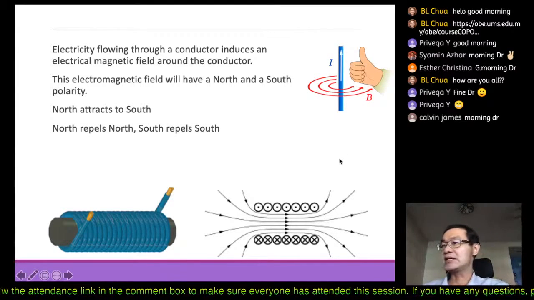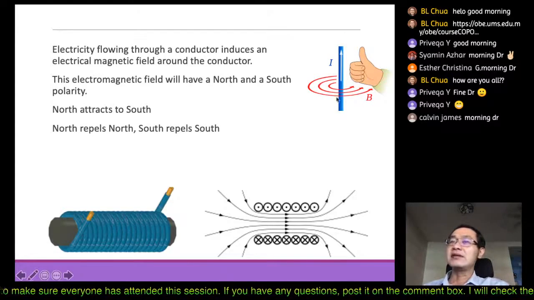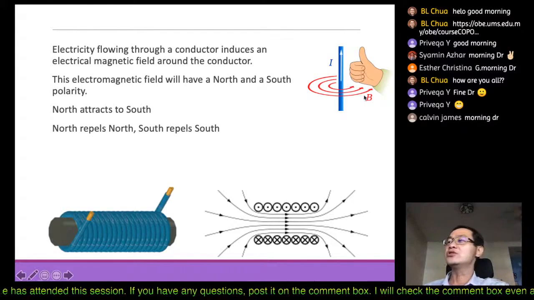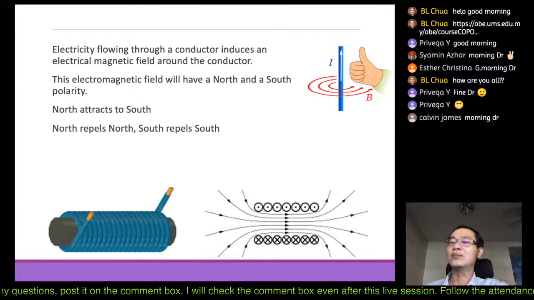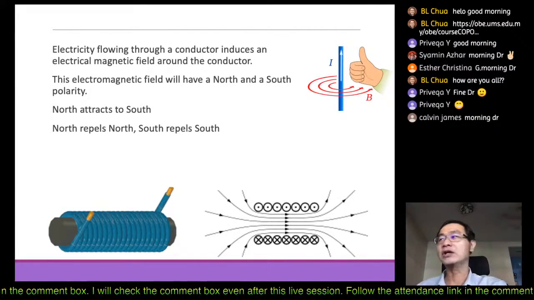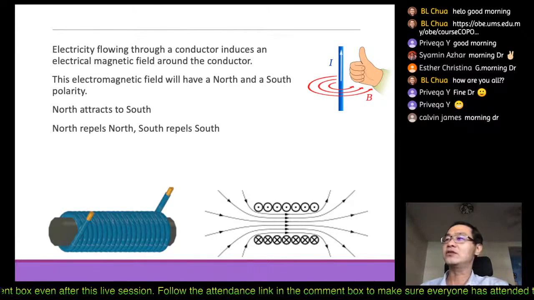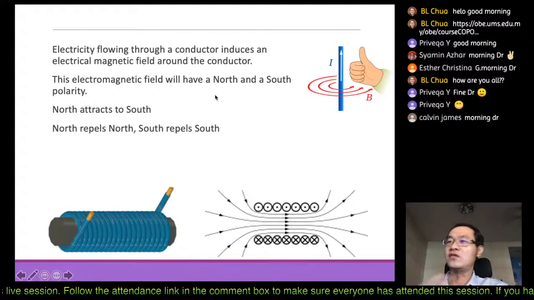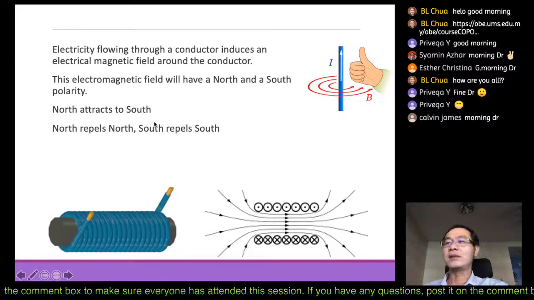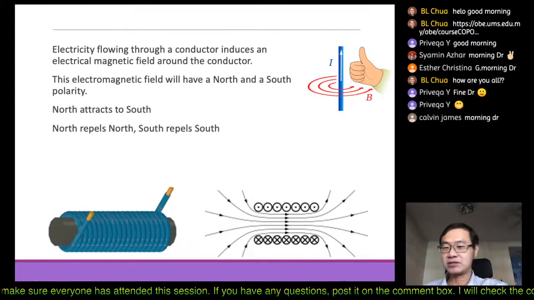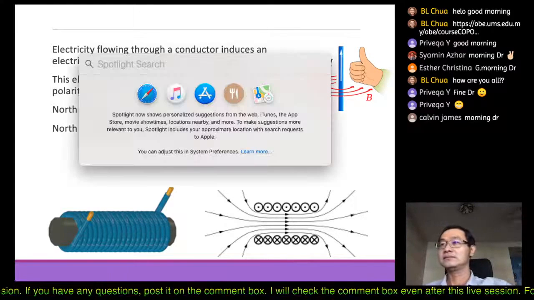Because of this conversion into magnetism, we can use the magnetic field to govern the movement of the electric motor, to push it to move against another source of magnetic field. As we know, north attracts south, north repels north, south repels south, and so on.